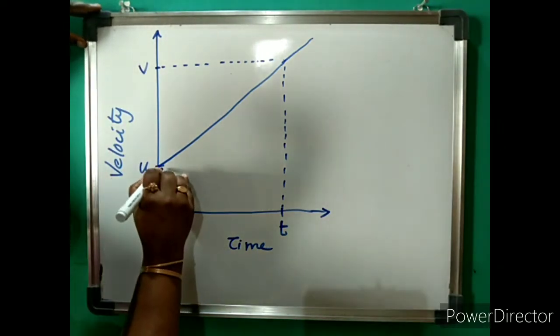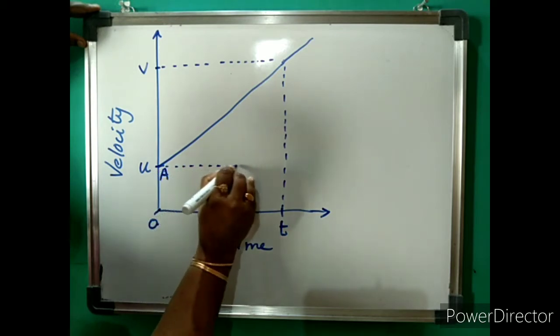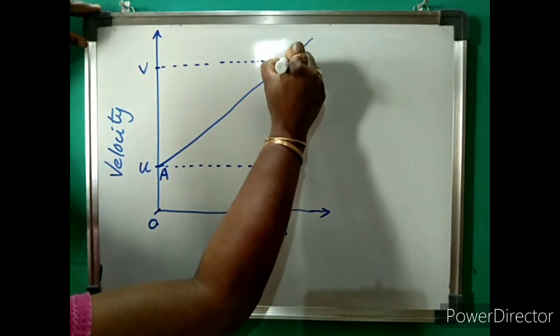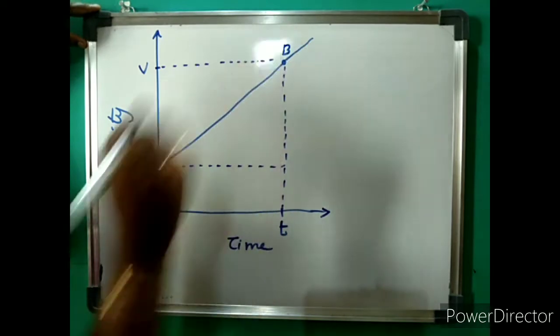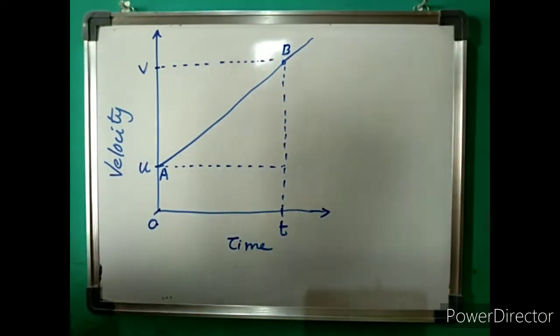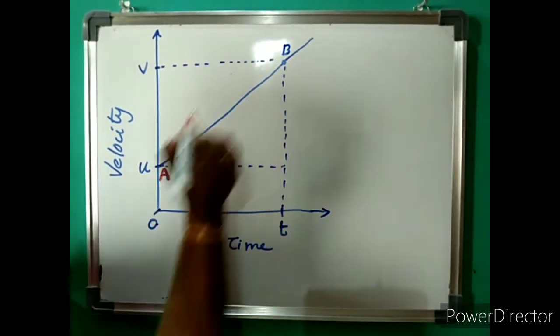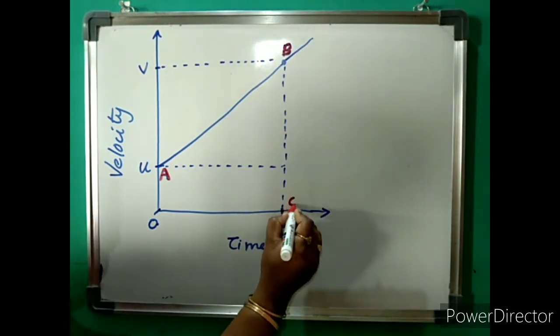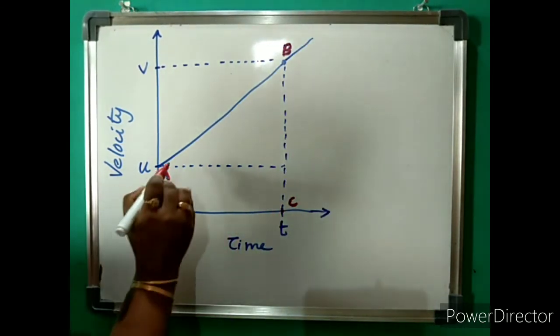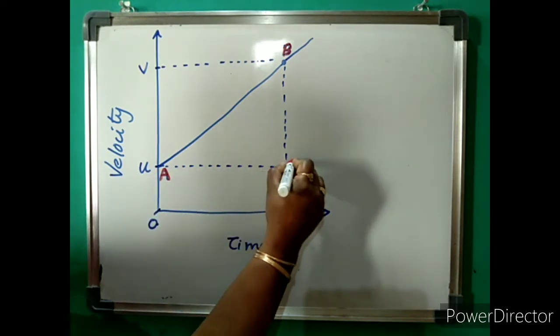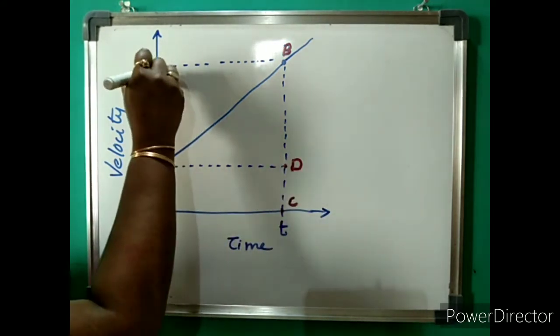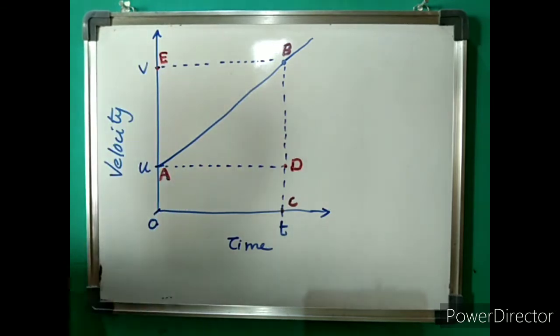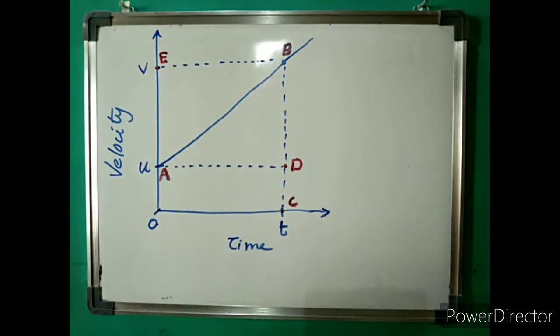Now we can name the points on the graph: this point A, this point B, this point C, this point D, and this is E. Understand?